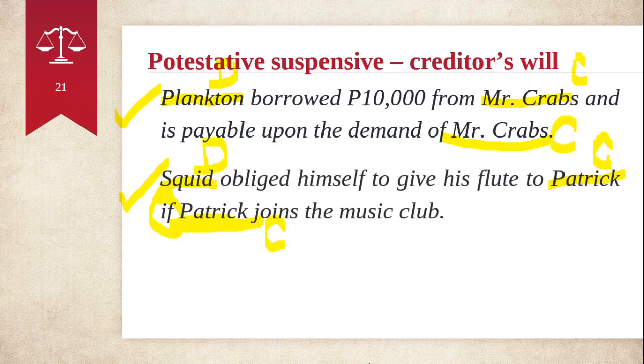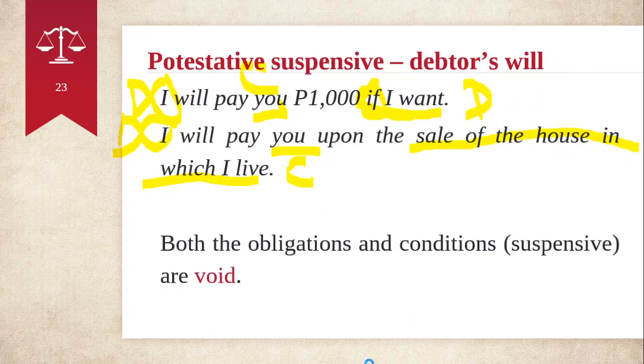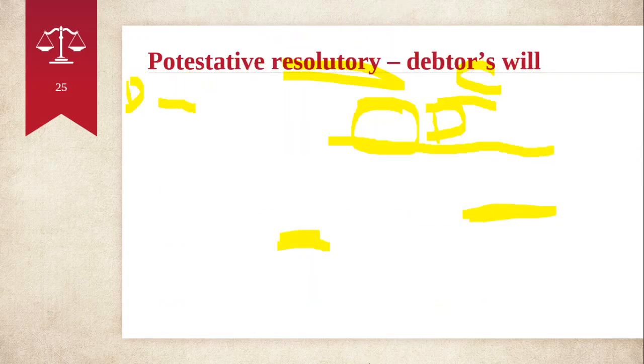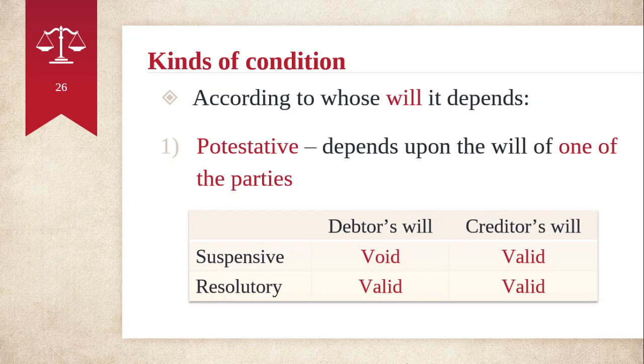Therefore, to summarize, when we talk about again potestative, the condition is based solely upon the will of one of the parties. And to summarize, pag according to debtor's will tapos suspensive, yan lang yung time na magiging void ang condition and obligation or yung condition lang. Depende kung nag-exist na dati ang obligation.